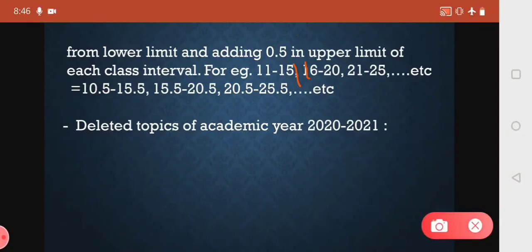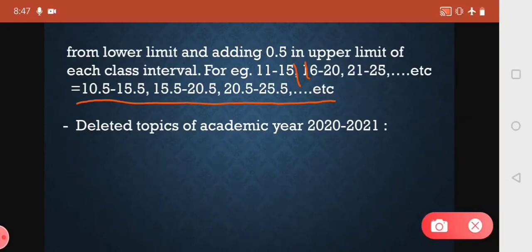Now in the next line we have made it continuous. Subtracting 0.5 from 11 gives 10.5 as the lower limit, and adding 0.5 to the upper limit gives 15.5. So our first class interval is 10.5 to 15.5.